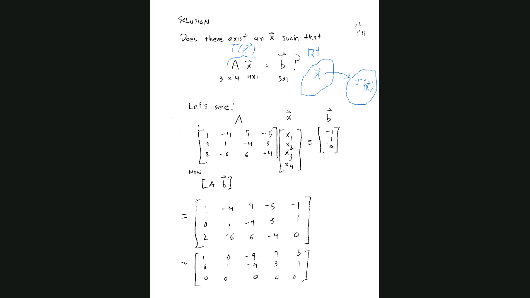All right, so let's remember what's going on here. A times x is our transformation. That's how we're defining our transformation. And of course, x would have to be a 4x1 vector for the matrix product to be defined.